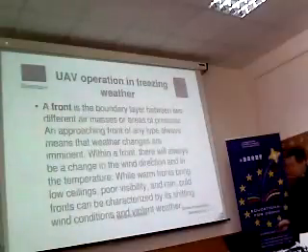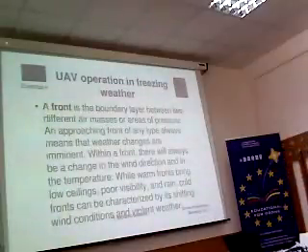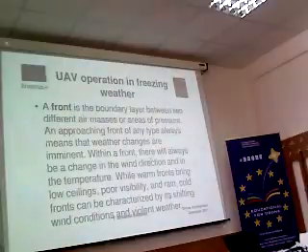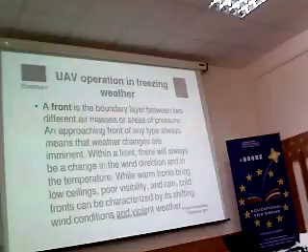A front is the boundary layer between two different air masses. For example, we have two groups of air, and the boundary between them we call the front. It is a boundary layer between two different air masses or areas of pressure.